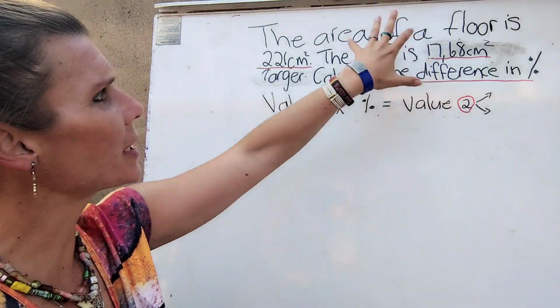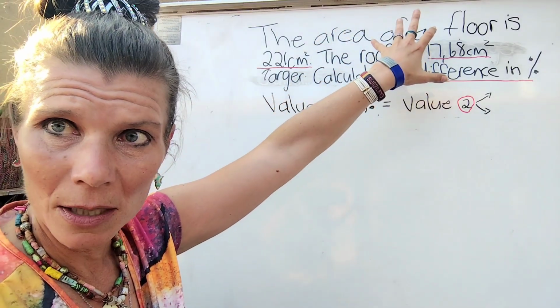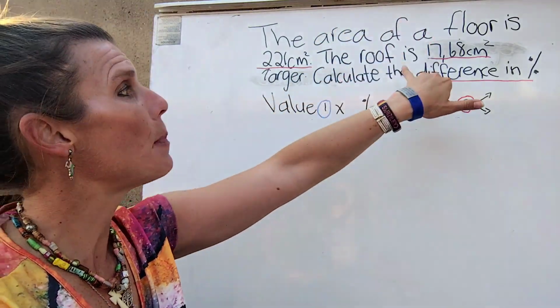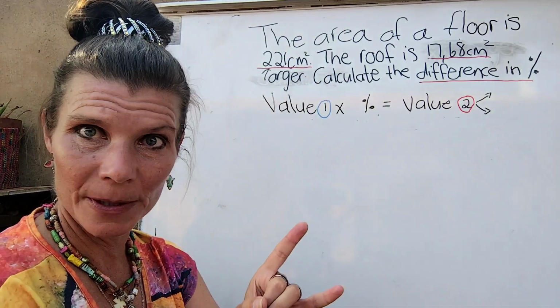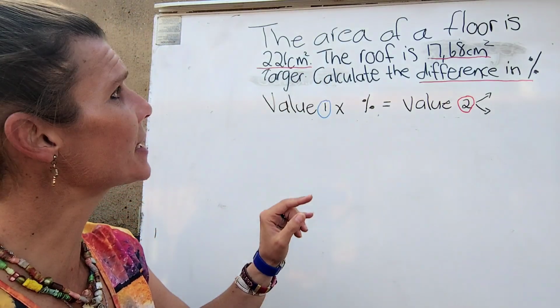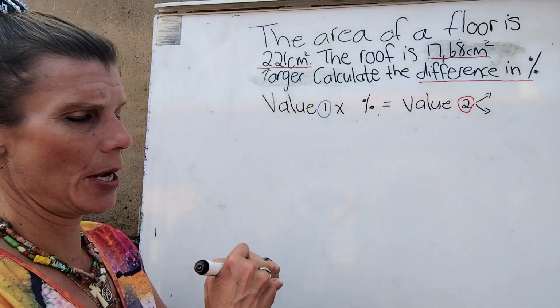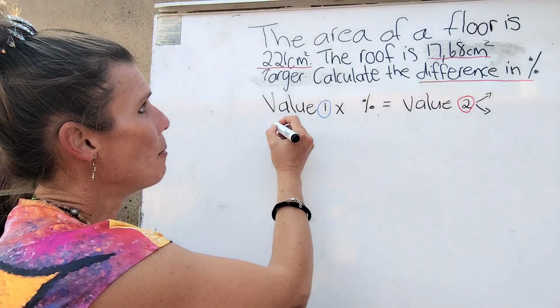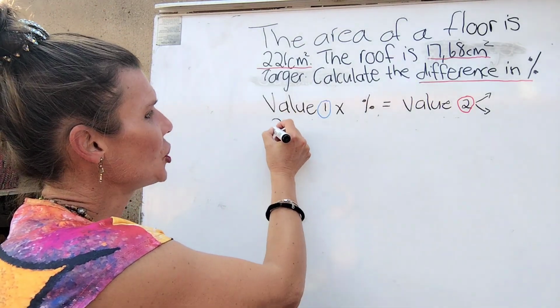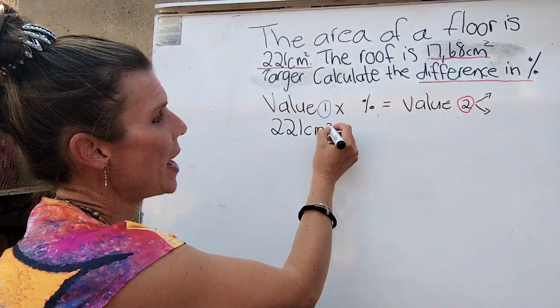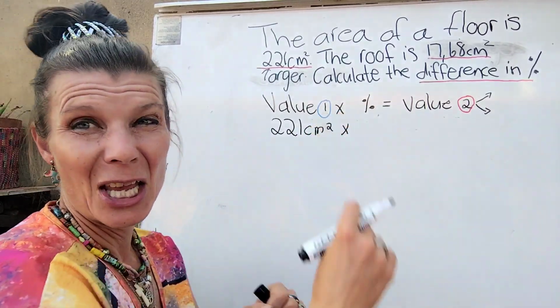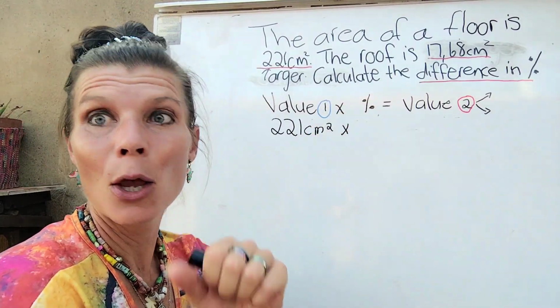How do I go about collecting my data from my question? By underlining or highlighting the keywords. Alright, now let's start. I know the value of 1. My floor is 221 centimeters square times. Do I know my percentage?